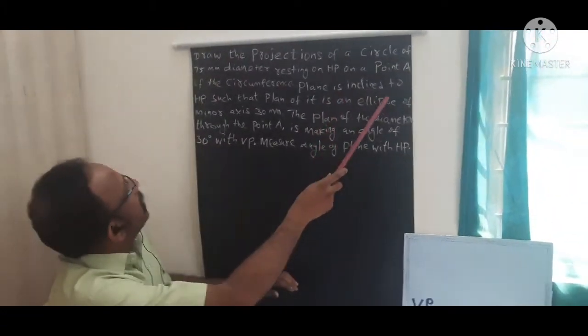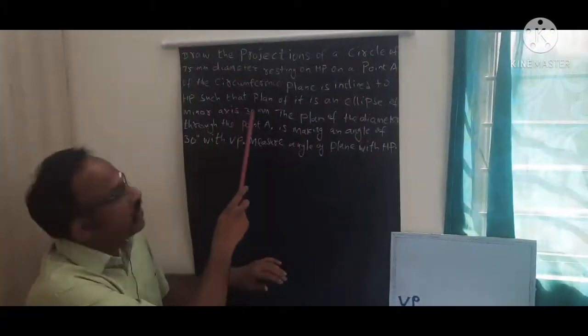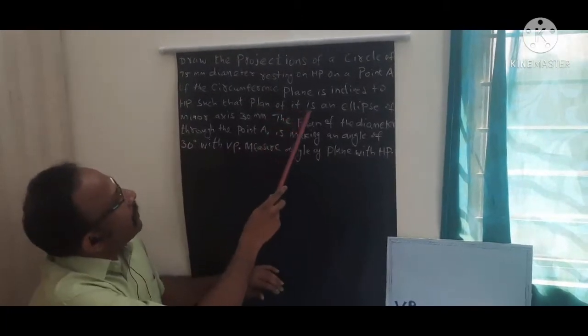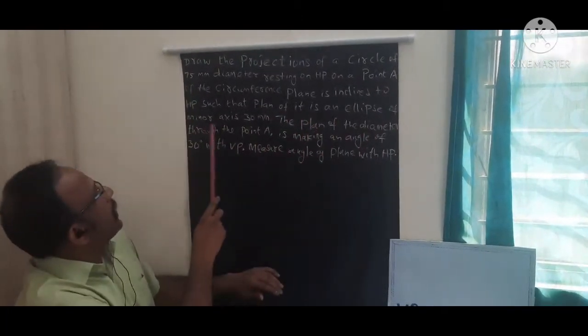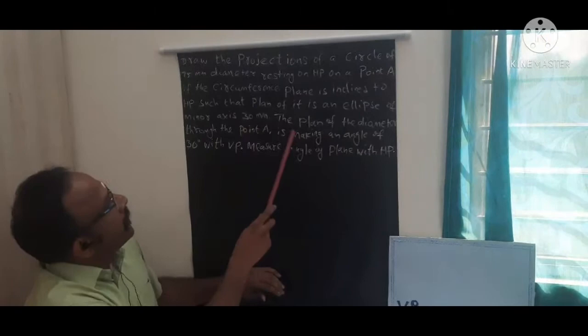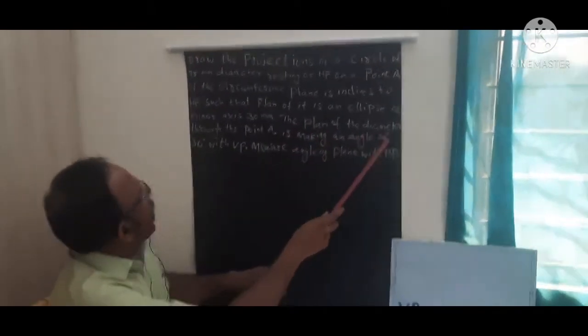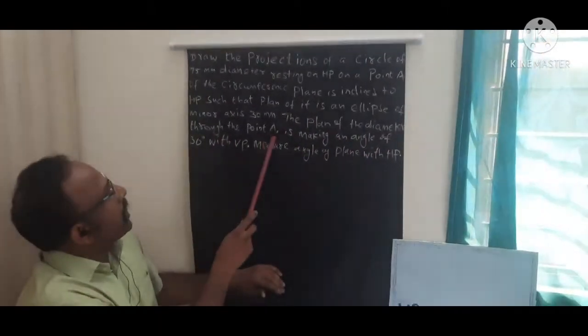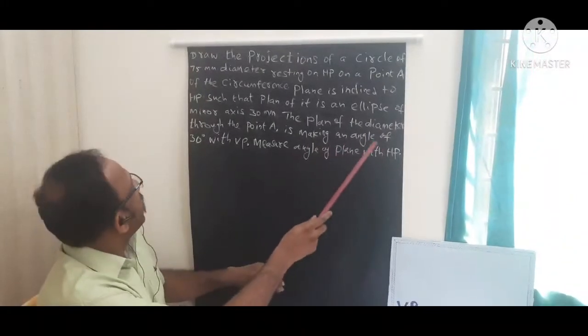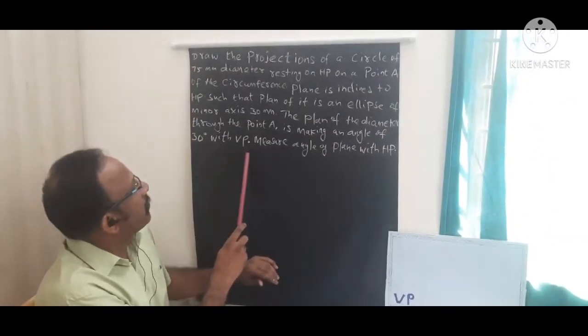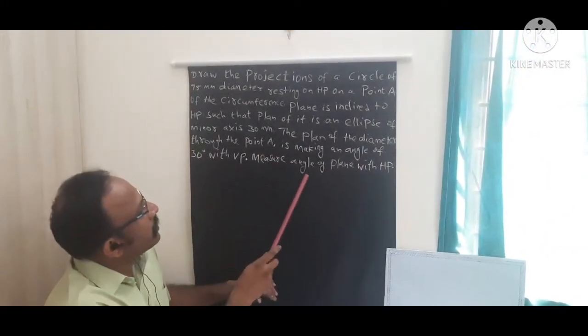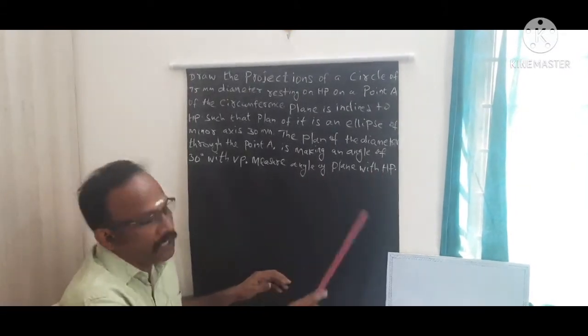The plane is inclined to HP such that the plan of it is an ellipse of minor axis 30 mm. The plan of the diameter through the point A is making an angle of 30 degree with VP. Also measure the angle of plane with HP.